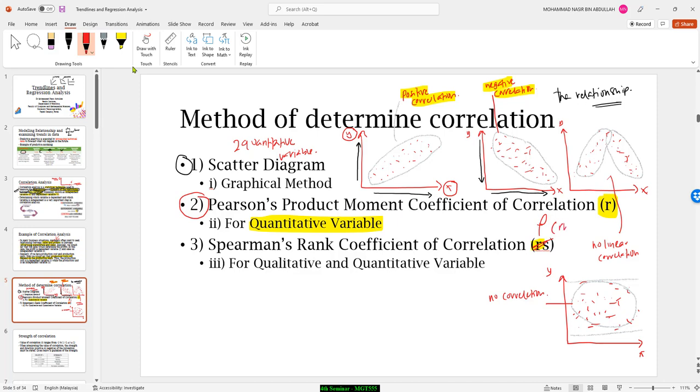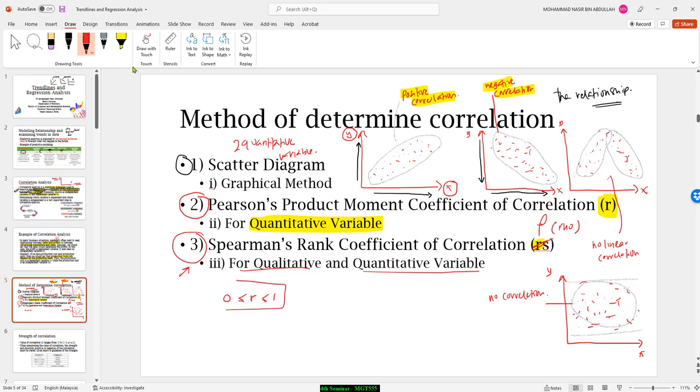The pronunciation is rho. So this is for qualitative and quantitative variables, right? But we're not going to focus in detail on Spearman rank coefficient of correlation, but you need to know there is a method to measure correlation between qualitative and quantitative variables, named as Spearman rank coefficient of correlation, right? So the value of R and rho is between 0 and 1.